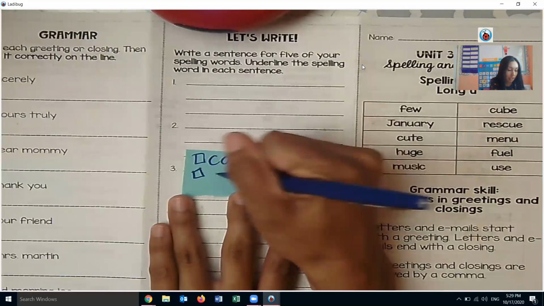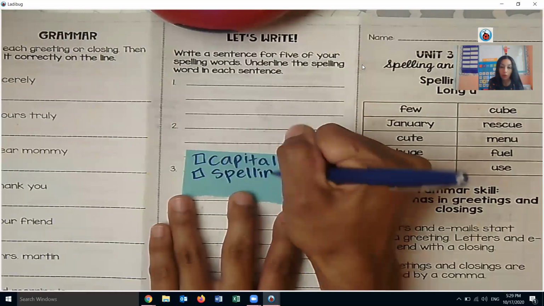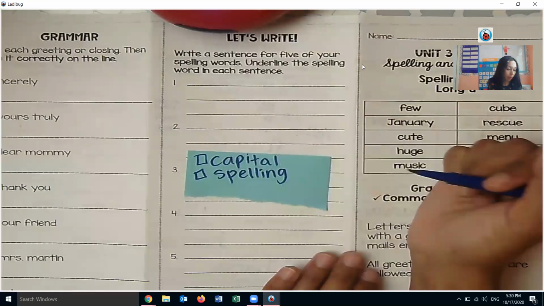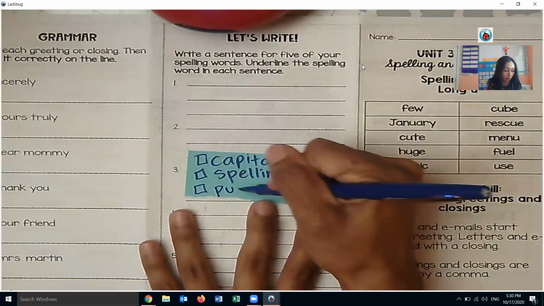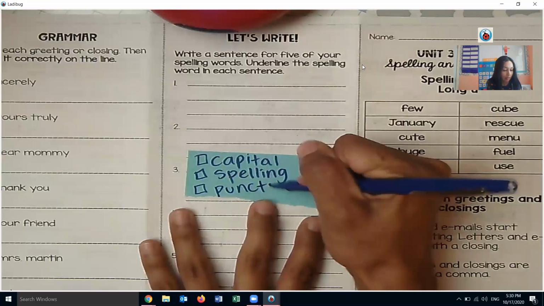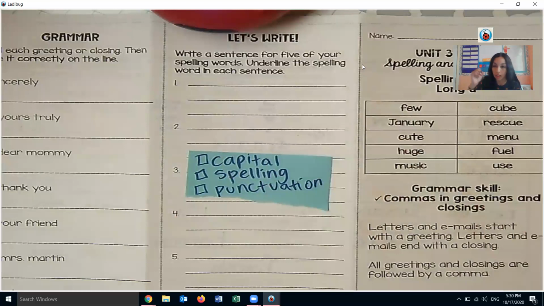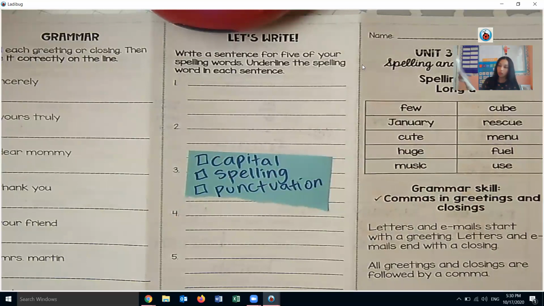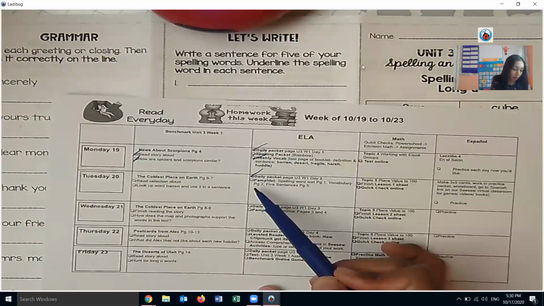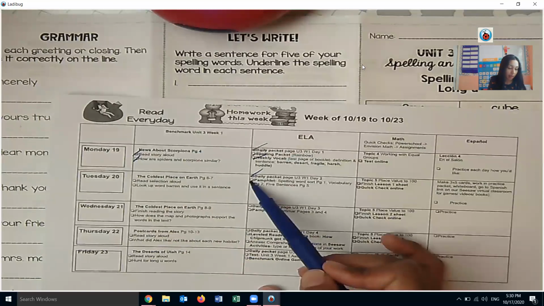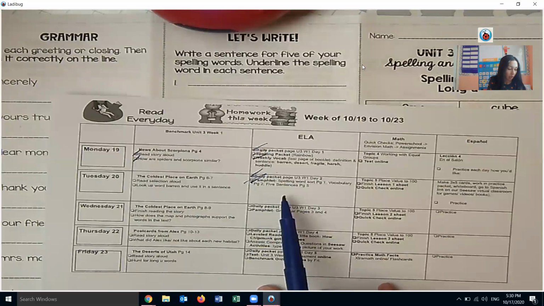You want to make sure your spelling word is spelled correctly and that you have some kind of punctuation at the end of your sentence. So just remember to do that little mental checklist for each of your sentences.